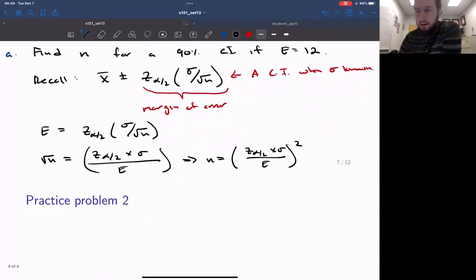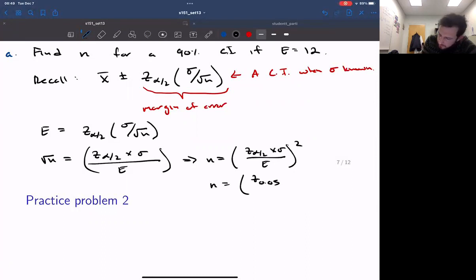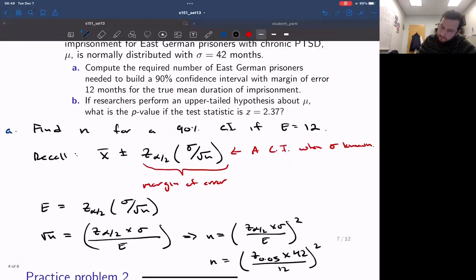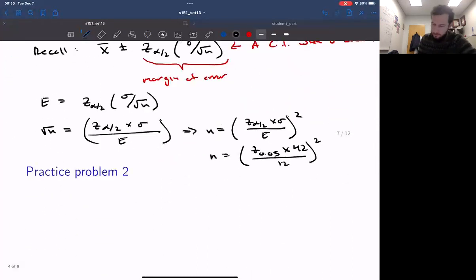Okay, so what is the Z-score for a 90% confidence interval? Does anyone remember? I will give you a hint. It is one of the only 3-digit Z-scores. Nice, good job.